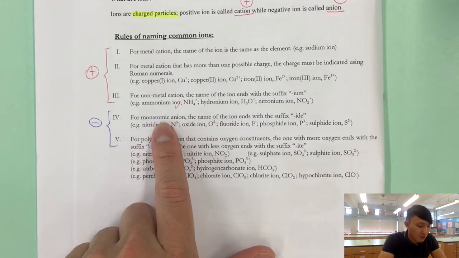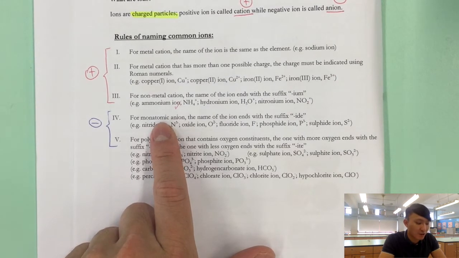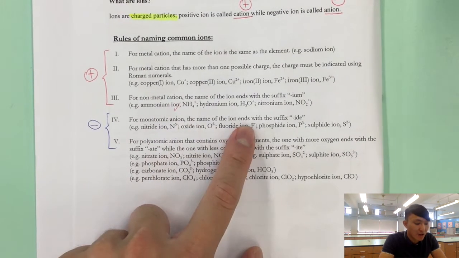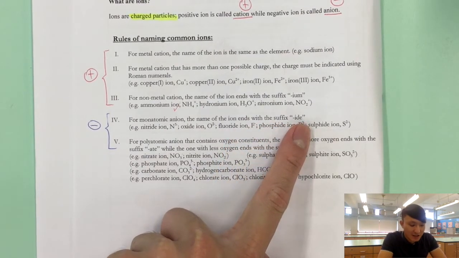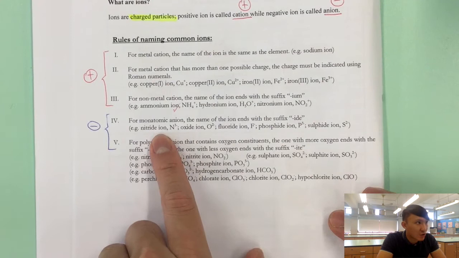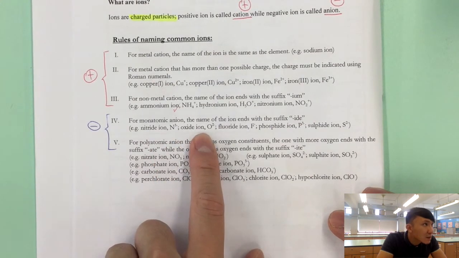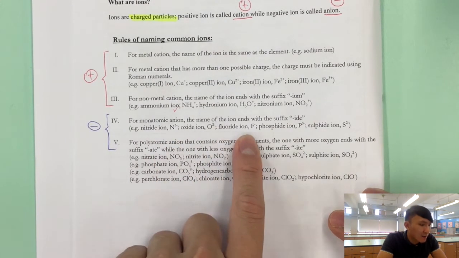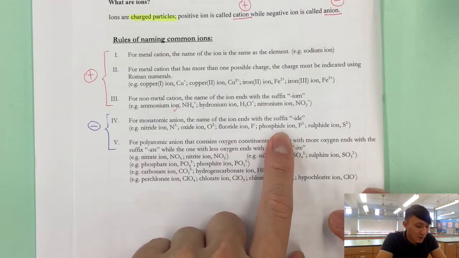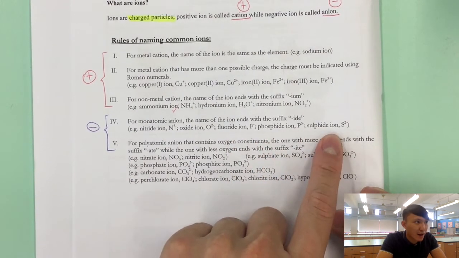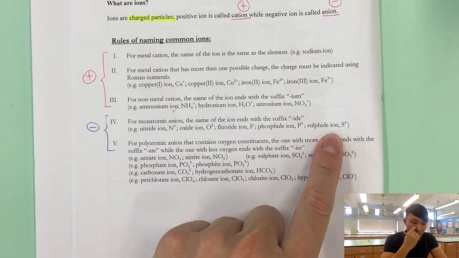So for monatomic anion, the ion's name must end with IDE. Must end with IDE. So you see, nitride, oxide, fluoride, phosphide, sulfide. Okay? So you need to spend some time really memorizing the spelling.